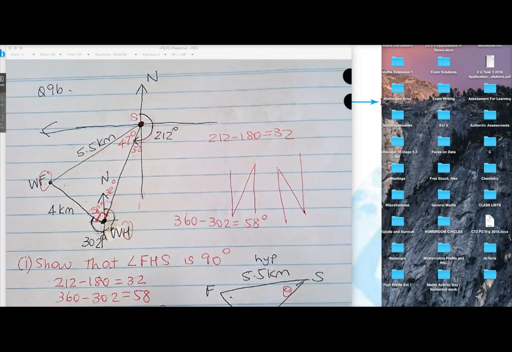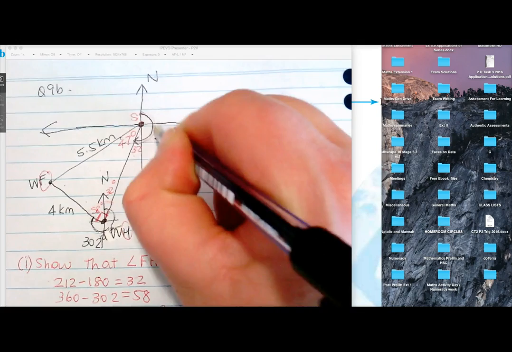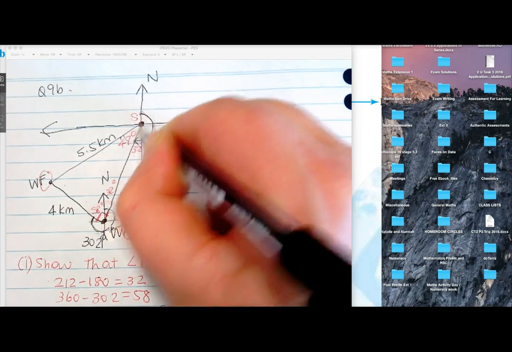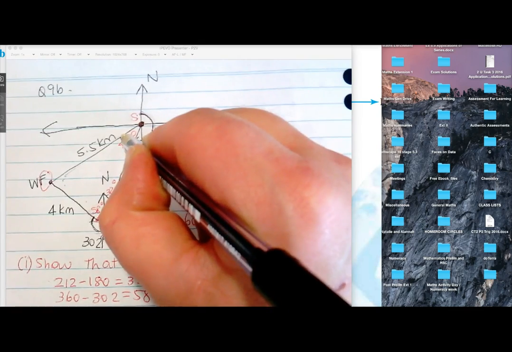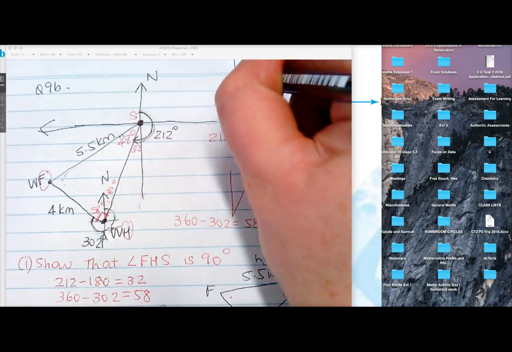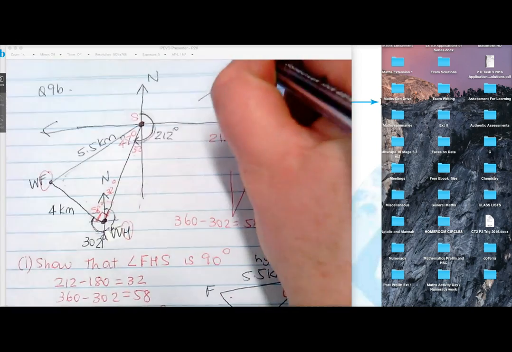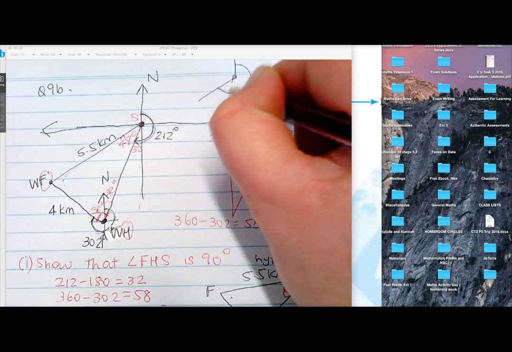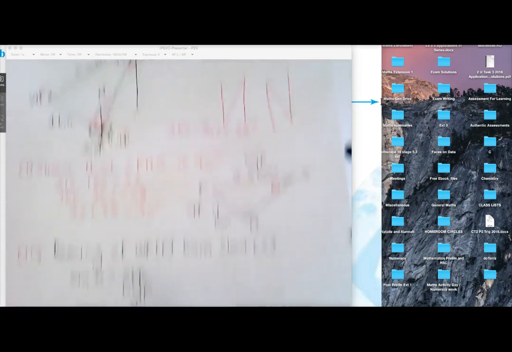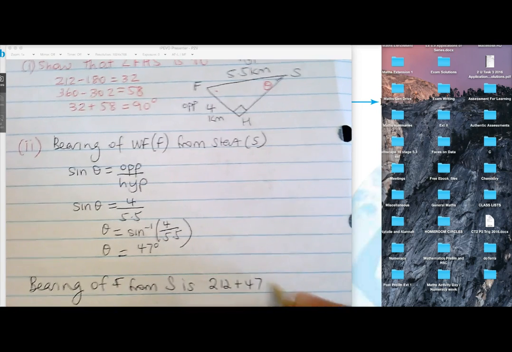I just want the distance from there around to there, from S to the waterfall. See, if it's like this, you're working out this angle. Does it make sense? There's the north sign where you started from, you're working out this angle. So the bearing is 212 plus 47, 259.